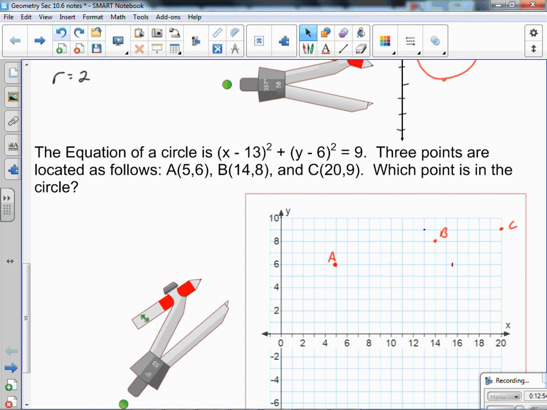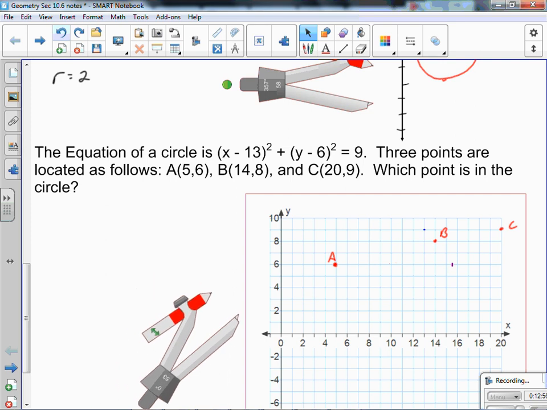And if we graph the circle, our h and k values, it's x minus 13, so opposite values, positive 13 for our h. y minus 6, so it's going to be a positive 6 for the k. So my center is the point (13, 6).